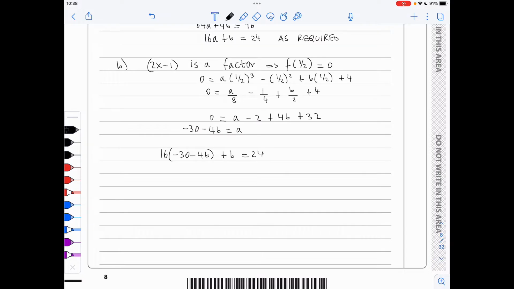So minus 480 minus 64b plus b is 24, which means that minus 504 is equal to 63b. And therefore we get that b is negative 8, and therefore a is negative 30 minus 4 times b, which is equal to 2. So the value of a is 2 and the value of b is negative 8.